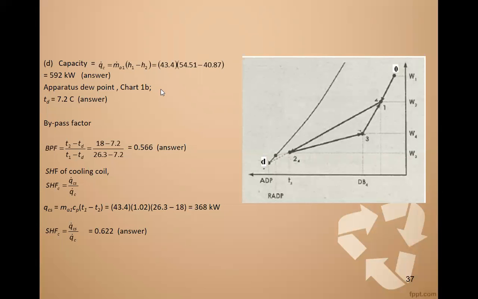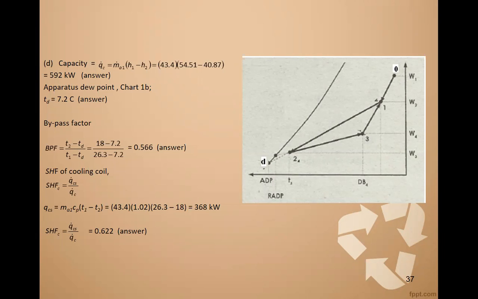The apparatus dew point, graphical, is T sub D equal to 7.2C. Answer. And the bypass factor is (T sub 2 minus T sub D) over (T sub 1 minus T sub D), which is (18 minus 7.2) over (26.3 minus 7.2), or 0.566.